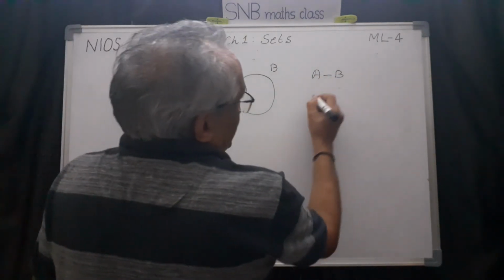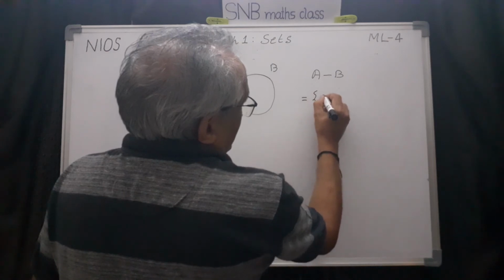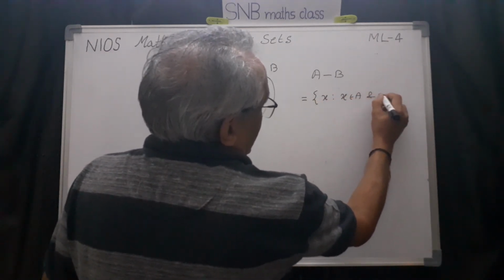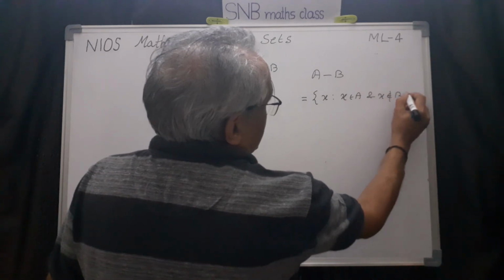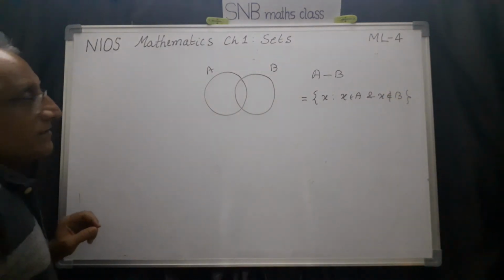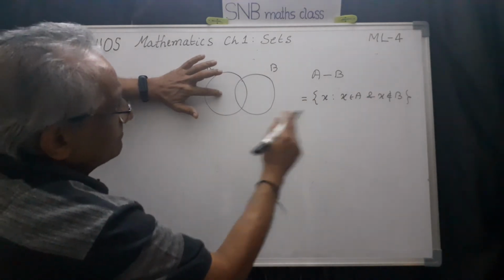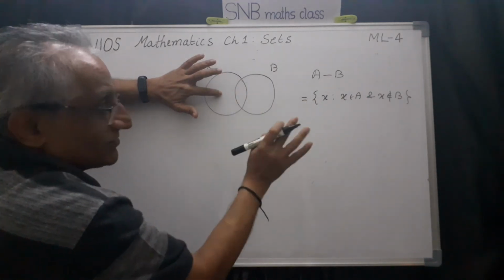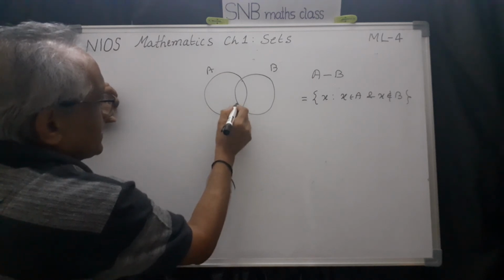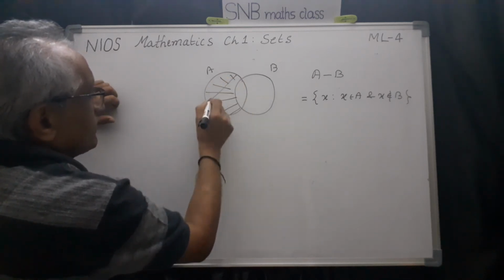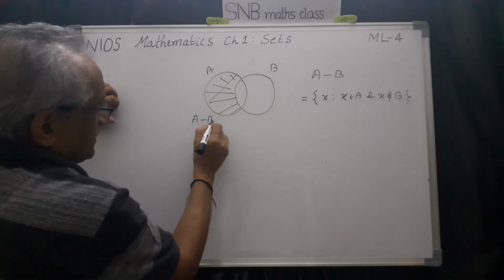Definition says this must be equal to the set of all x such that x should be in A and x should not be in B. That means I have to take the elements of A which are not in B, which is common here also I cannot take. So this side, this is A difference B. This much is called A difference B.